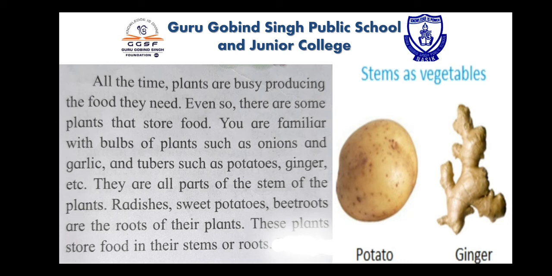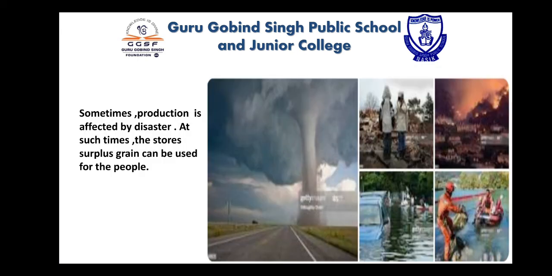Yes, students, potato and ginger are all parts of the stem of the plants. Radishes, sweet potatoes and beetroots are the roots of their plants. These plants store food in their stems or roots. You can see in the picture stems used as vegetables, potato and ginger.